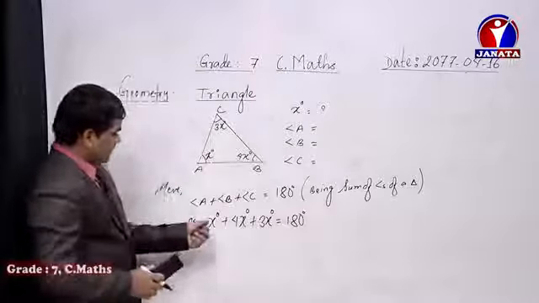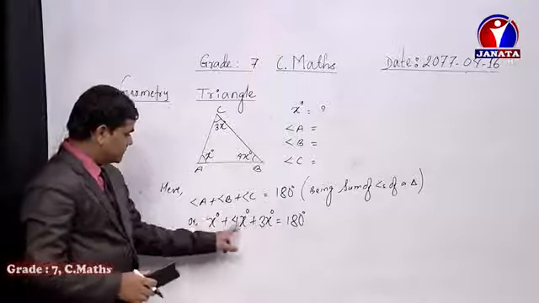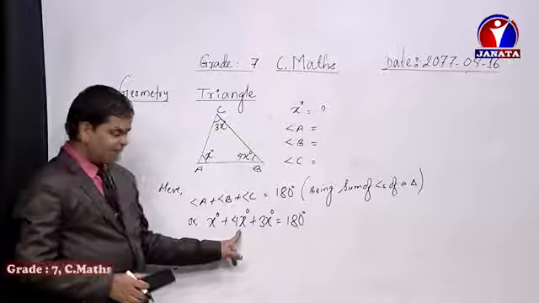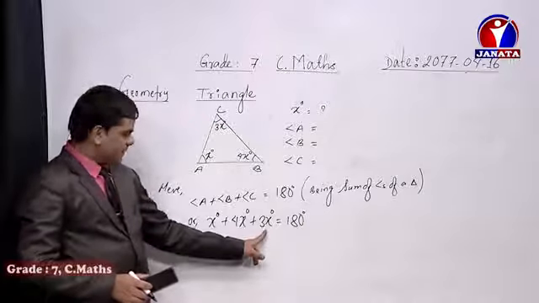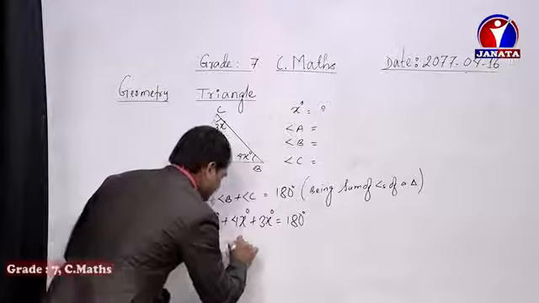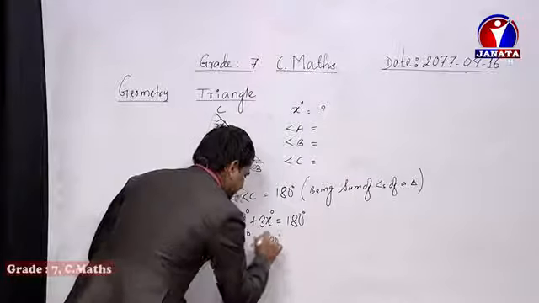Now these are like terms, isn't it, dear student? 1x, 4x, and 3x. 1x plus 4x is 5x, 5x plus 3x, how many? 8x. So 8x degree equals 180 degree, isn't it?